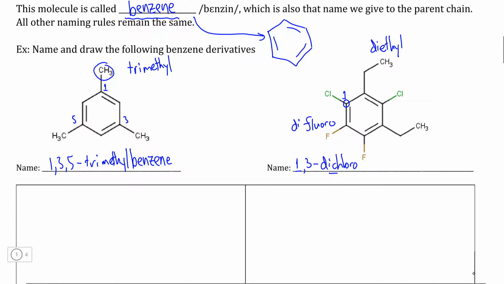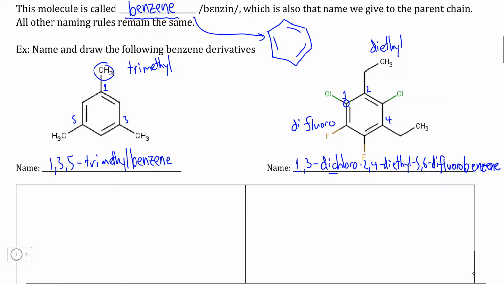So if we designate carbon 1 as being here to give the alphabetically first side chain the lowest possible number, we would have 1,3-dichloro, followed by, on carbons 2 and 4, our diethyl side chains, followed by 5,6-difluoro, our final 2 side chains on the final 2 carbons, and then we finish it off with the name of the parent chain, benzene.